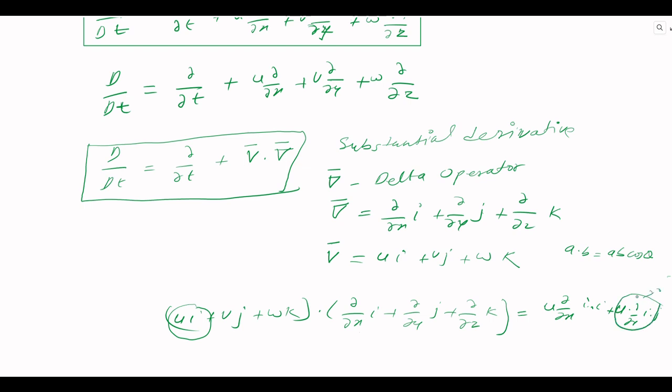So first we get only this term, and similarly for the second term, v partial by partial y, and w partial by partial z. The other terms become 0.